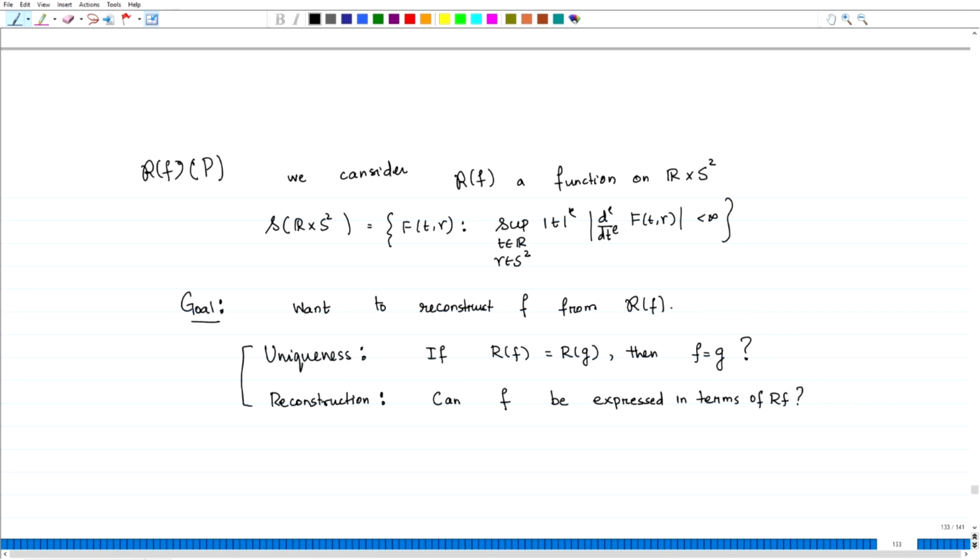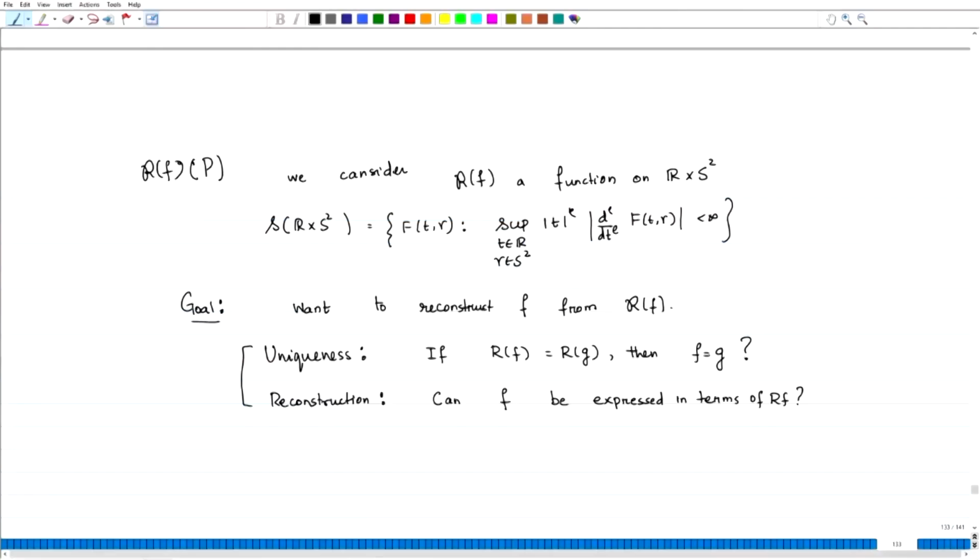Now, for the uniqueness, what we know from our Fourier analysis knowledge is that if f hat is equal to g hat for all points in R^3, then by inversion we know that f is going to be equal to g. That suggests we convert this problem into a Fourier analysis problem and try to solve it.